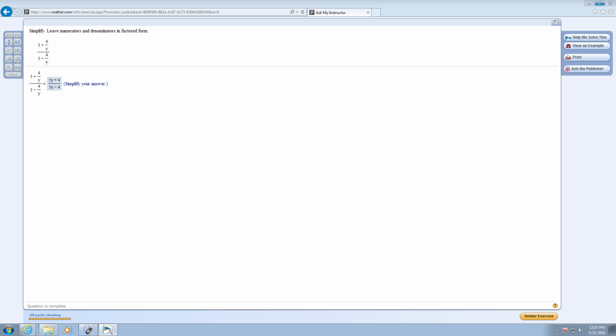The baby step is I'm just going to put y over 1, y over 1, y over 1, y over 1. 5 over 1 plus 4 over y, over 1 minus 4 over y. Now finish it.